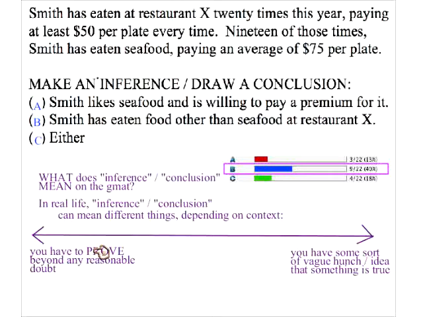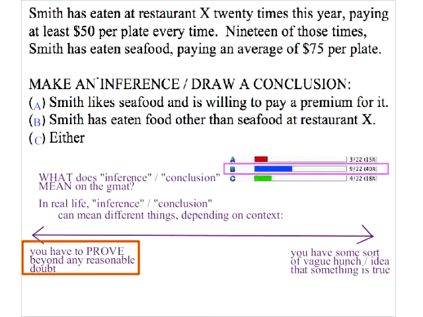So one thing about standardized tests, the most important thing about standardized tests is that they are standardized. And what that means, among other things, is that words have a consistent meaning on standardized tests. So conclusion on this test means basically what it means in a courtroom. It means that you have to prove stuff beyond any reasonable doubt.